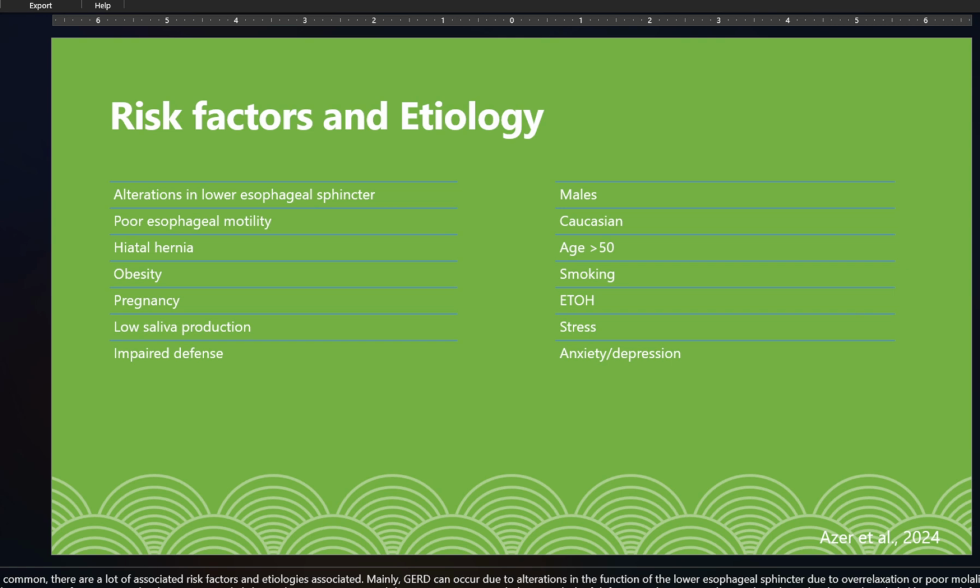Other reasons for GERD may include increased abdominal pressure as seen with hernias, pregnancy, and obesity, or a lack of defense mechanisms in place such as through saliva and epithelial layers. Risk factors for GERD include male sex, Caucasian race, an age greater than 50, smoking tobacco, alcohol use, as well as psychological factors such as stress, depression, and anxiety.